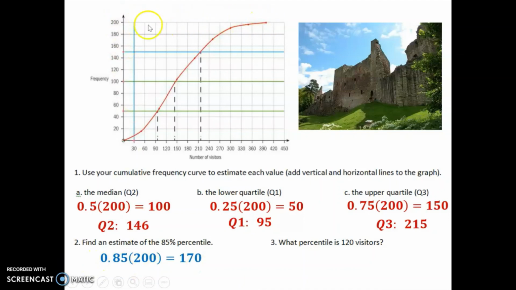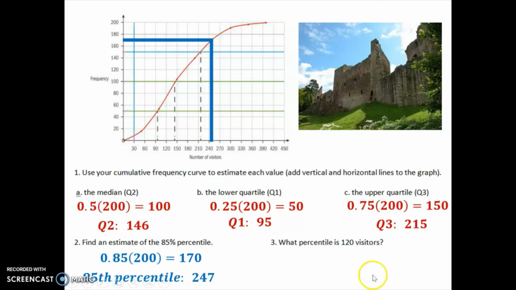Remember, we're looking at data for 200 days of visits. Multiply those, you get 170. So go to data point 170, which is about here, go across, go down, and it looks like the 85th percentile is about 247 guests. That means 85% of days have less than 247 guests.